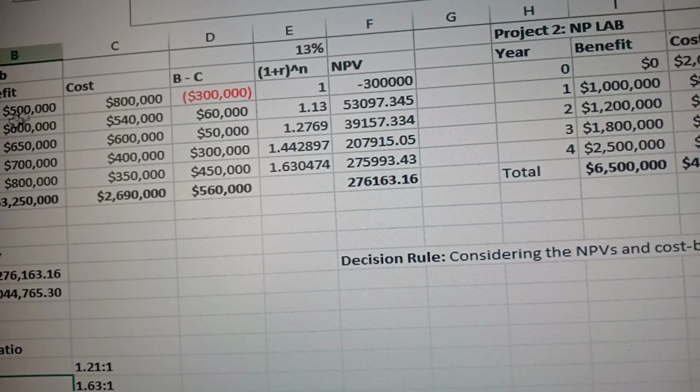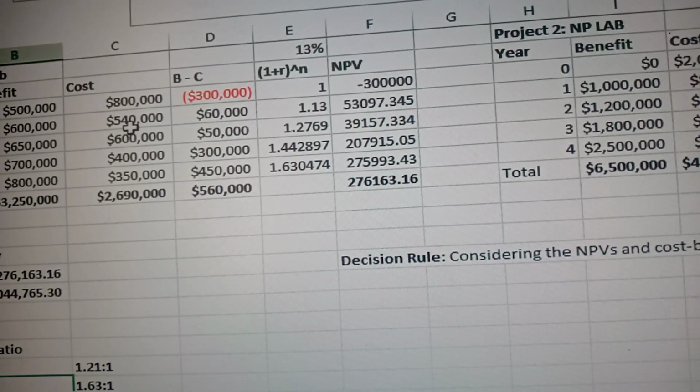For example, the benefit in year 0 was $500,000 as against the cost of $800,000. So initially, it was a hard thing taking this project because the cost was more than the benefit. But that doesn't stop management from continuing the project.